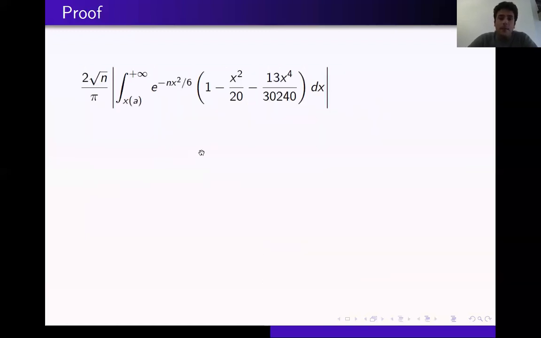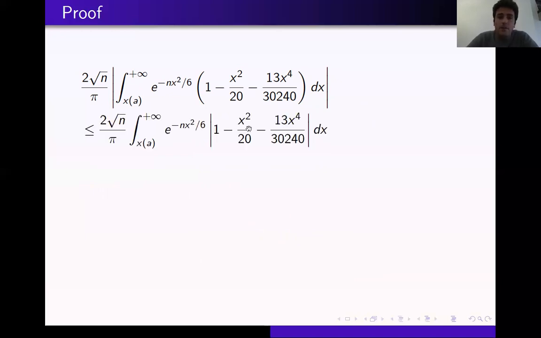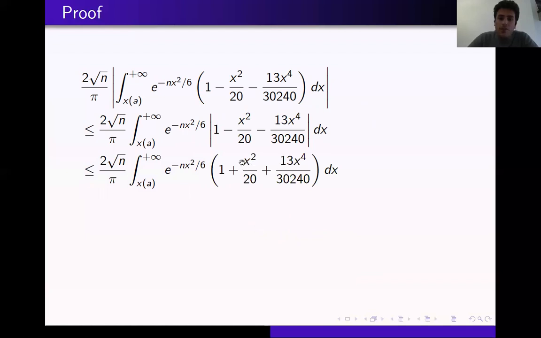Then if we concentrate on this integral from x of a to infinity, we aim to upper bound it by some absolute value, this absolute value inside the integral. Then we upper bound this by the absolute value of each of the terms in the summands. Now, because this is a non-negative function, we can extend this slightly to the integral from 1 to infinity.